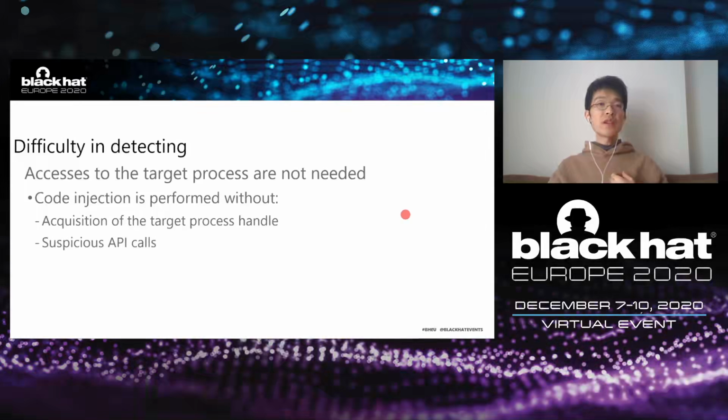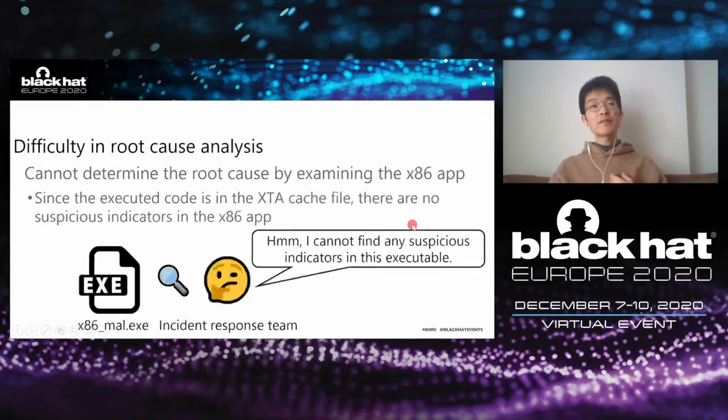Moreover, code injection is performed without any suspicious API calls. So when we modify code in the XA cache file and the application runs, the modified cache file is mapped to memory, and the code in it is executed automatically.